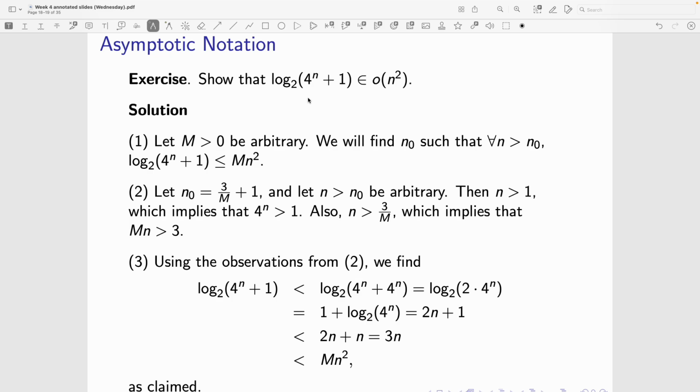Since we're doing little o, we let m be arbitrary and aim to find a specific n naught so that the inequality works for all n greater than n naught.